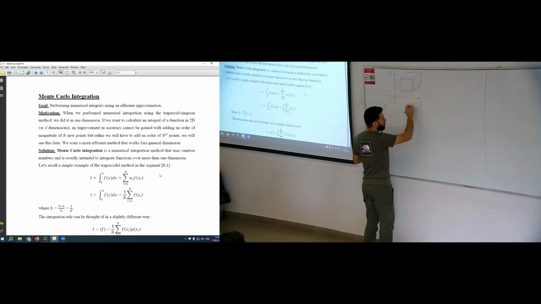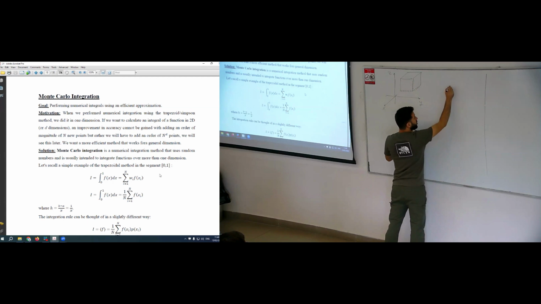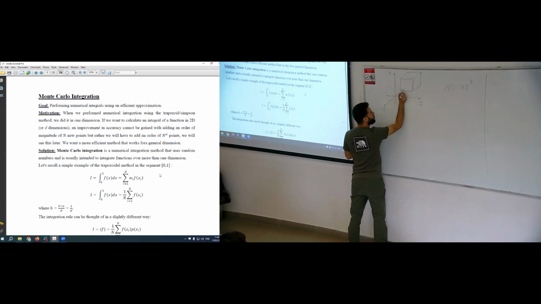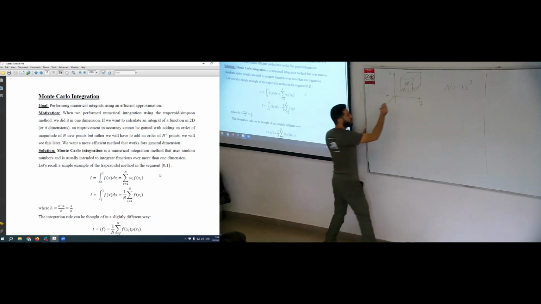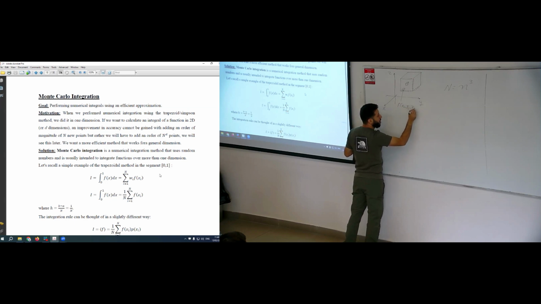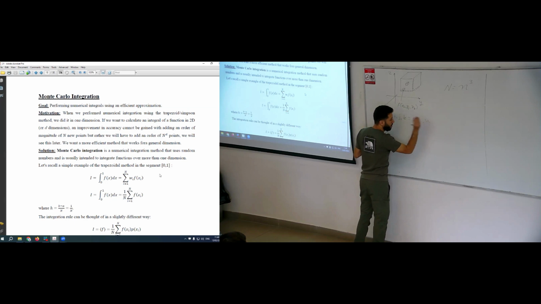Let's say that for each of them I make the segmentation with n segments, small n. So the number of small cubes that I will use is n cubed, because here I will evaluate the function at x_i, y_j, z_k, where i, j, k run independently from 1 to n.